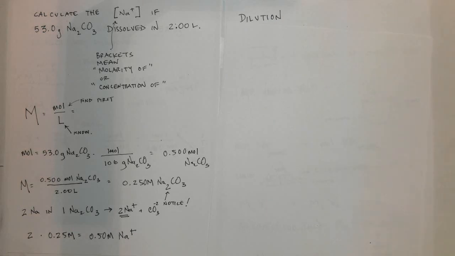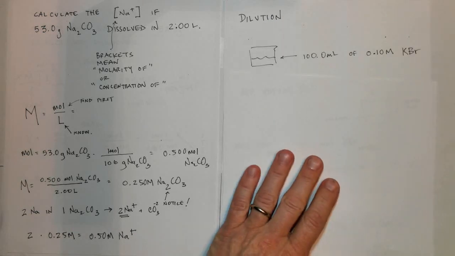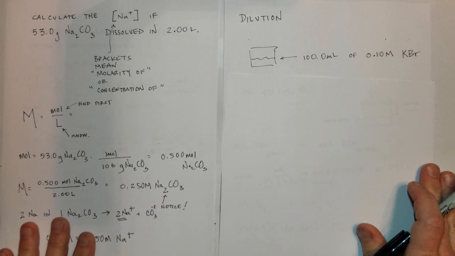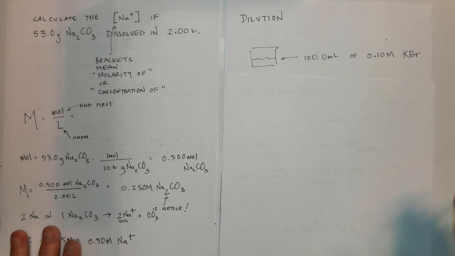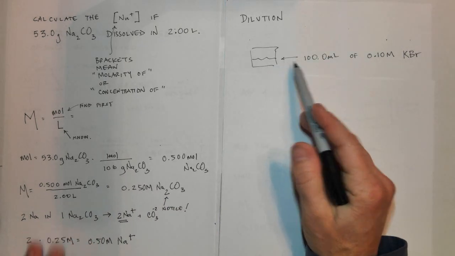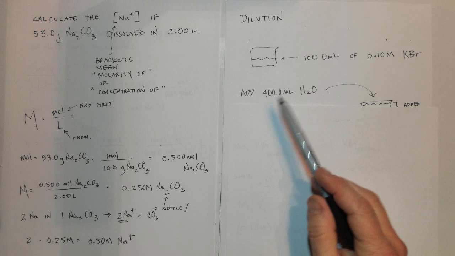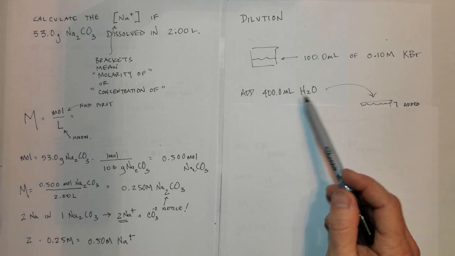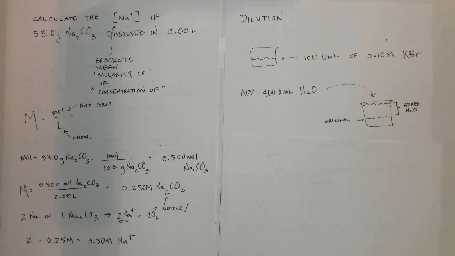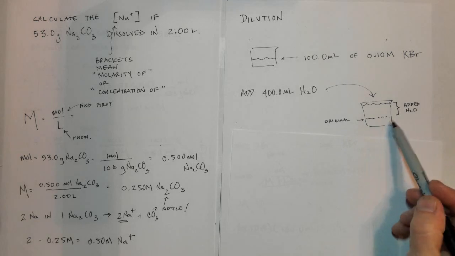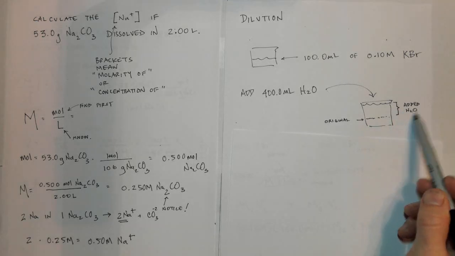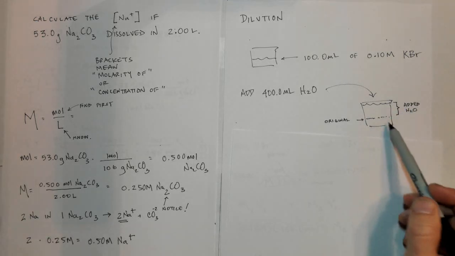And by dilution we mean, let's say we have a solution of 100 milliliters of 0.1 molar KBr inside of a beaker. And then to this we want to dilute it by adding 400 milliliters of water. So we're diluting it by adding water to it, H2O. So now my original amount was right here, but I added 400 milliliters of water and then I mixed it up.